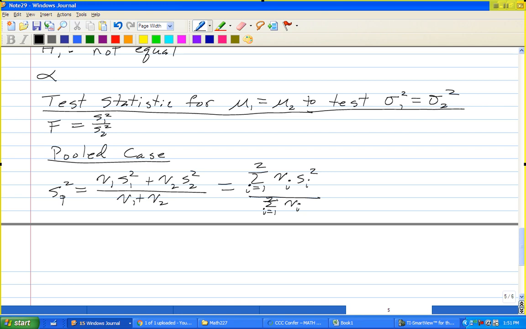And the sum of the degrees of freedom was n minus 2, which is how many populations we had.